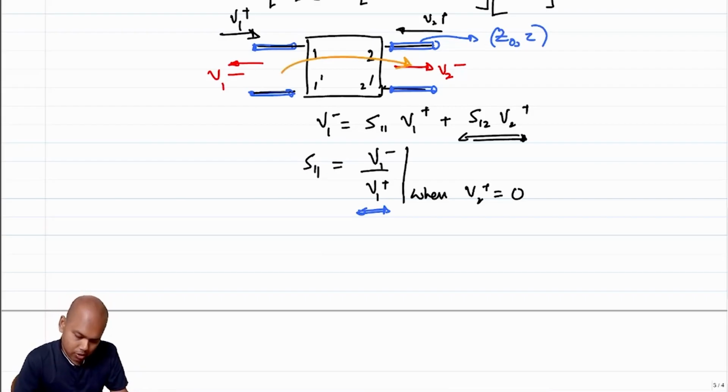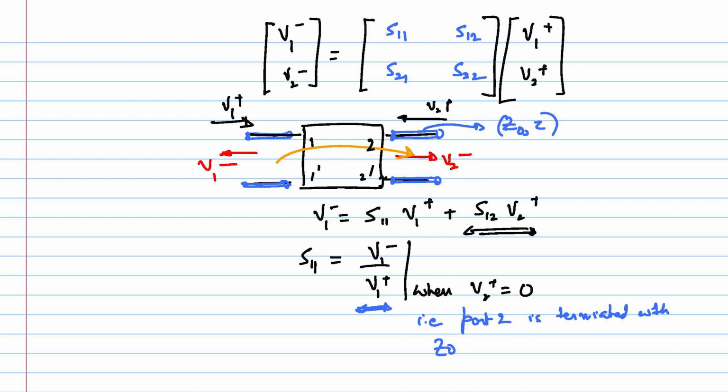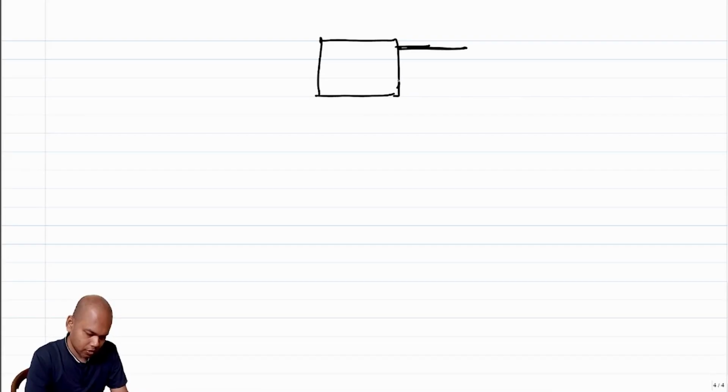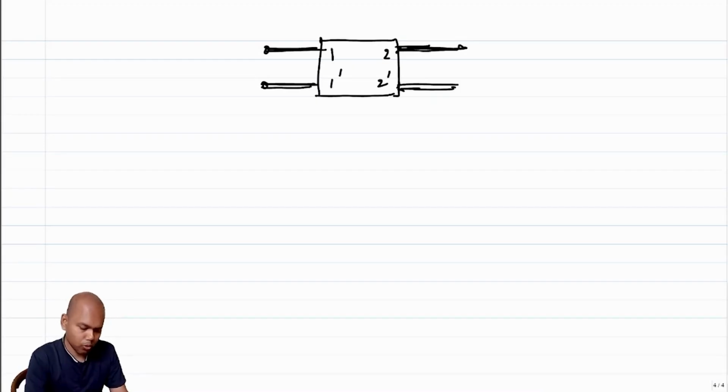Okay, so what I essentially am trying to motivate is, your signal is coming into port 1 and going out of port 2.